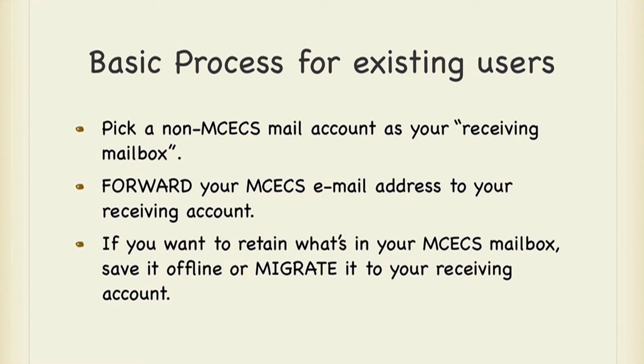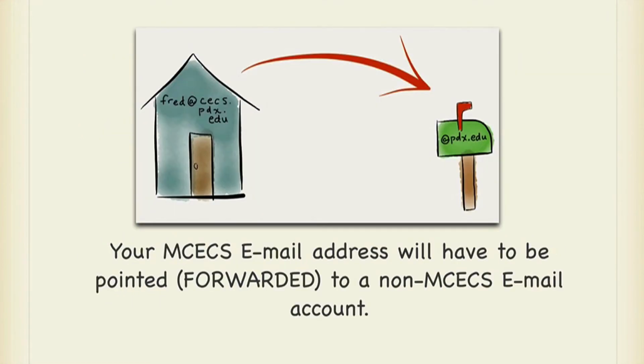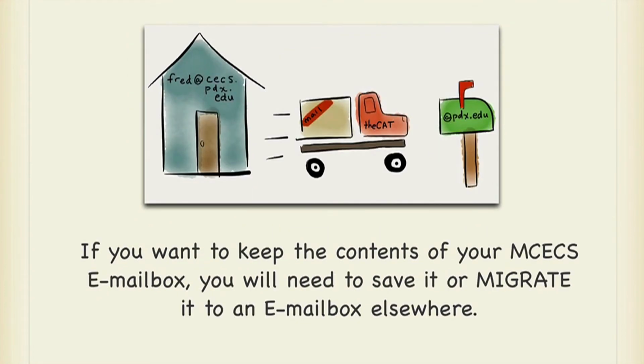And if it's important to you to retain what is currently in your MCECS mailbox, then you can either save it offline or migrate it to that receiving account. So to reiterate, you forward your MCECS email to a non-MCECS email account, and then if you desire it, you migrate your mail, the contents of your mailbox that is, to this other email account.